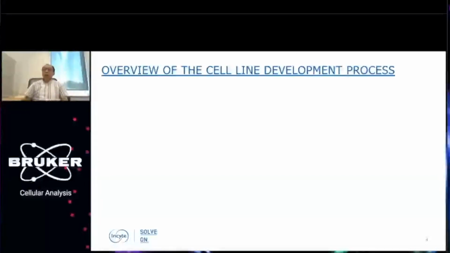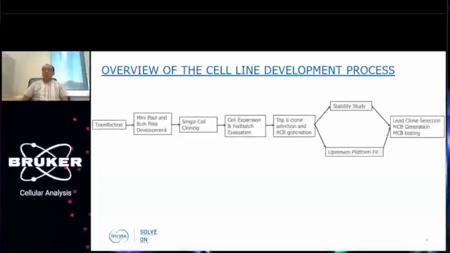This slide shows an overview of the cell line development process. It includes transfection, mini-pool and bulk pool development, single cell cloning, cell expression and fed batch evaluation, top 6 clone selection, and RCB generation.